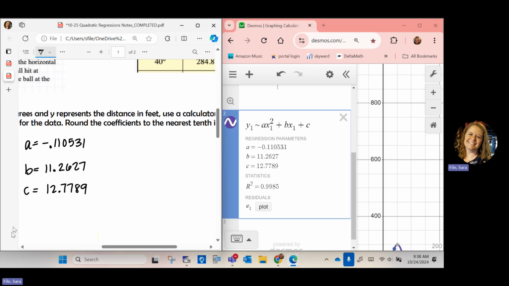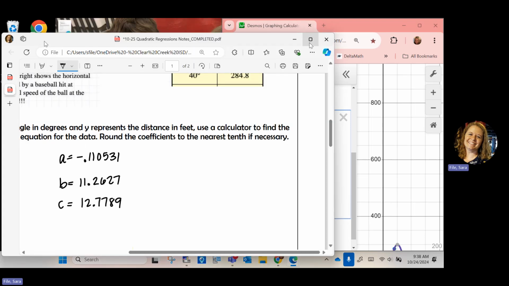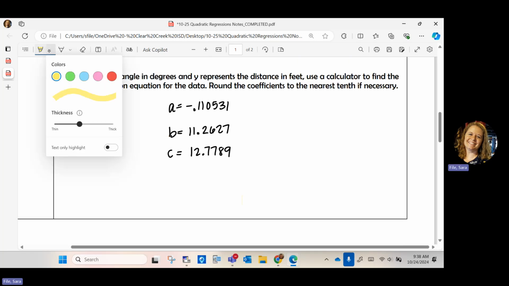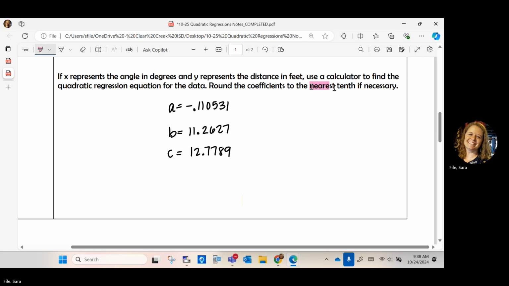Now, this particular question asks us to write this rounding coefficients to the nearest tenth, if necessary. So I'm going to round that A, B, and C to the nearest tenth. So A would just be 0.1, x squared plus B would be 11.7.